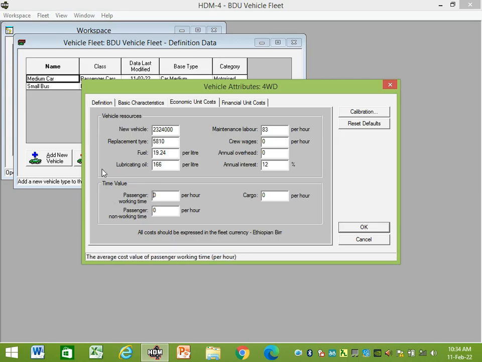Passenger working time. Do you remember? For the car.